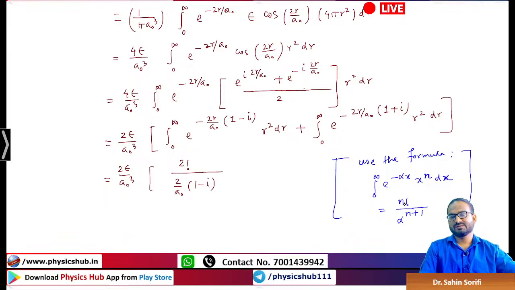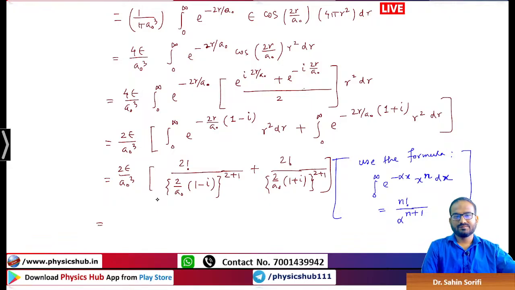Because without the minus, it is alpha to the power n plus 1, meaning 2 plus 1, cube. The next one, again 2 factorial, here it is 2 by a naught (1 plus i) to the power n plus 1, so 2 plus 1. Okay, so this becomes how much?